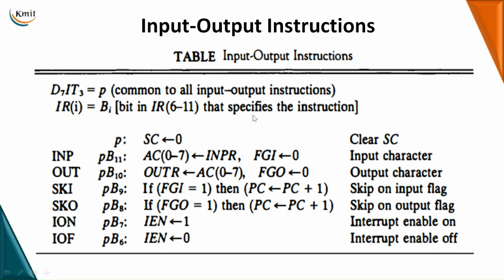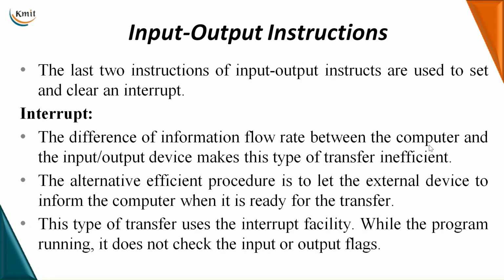Now let us see what we mean by interrupts, and then we move on to this particular table. Interrupt arises from the difference in information flow between the computer and the input output device. If you look at the computer or the CPU, it is very fast in transferring information, but input output devices are very slow.